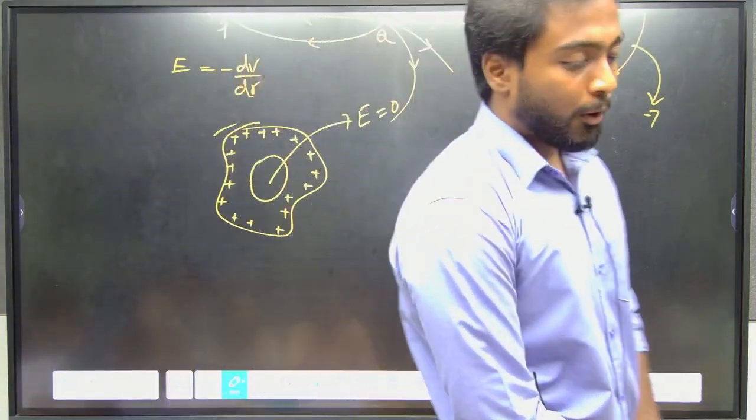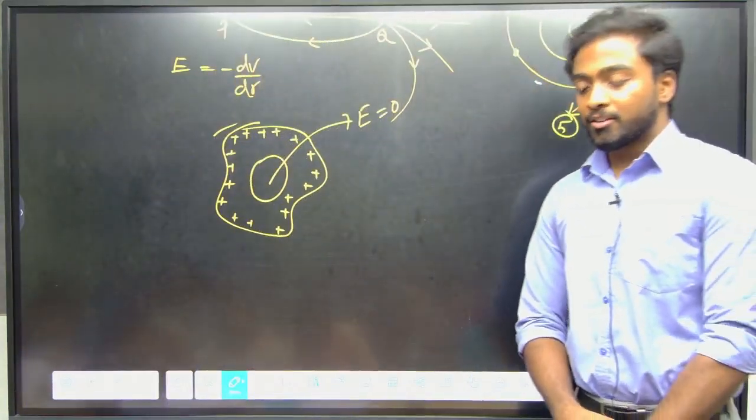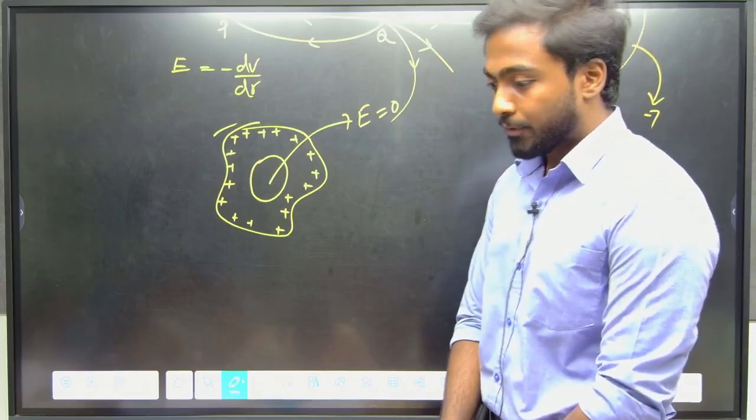Okay, first point, field line is perpendicular to the equipotential surface.